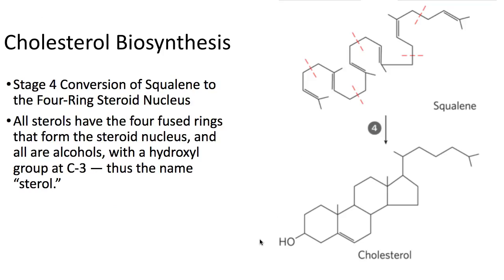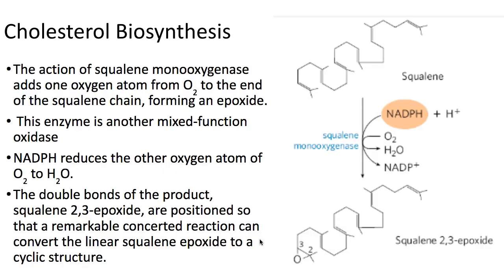And now for the final major step of getting to our cholesterol product. So you have squalene, and that goes into making cholesterol. So how is this happening?